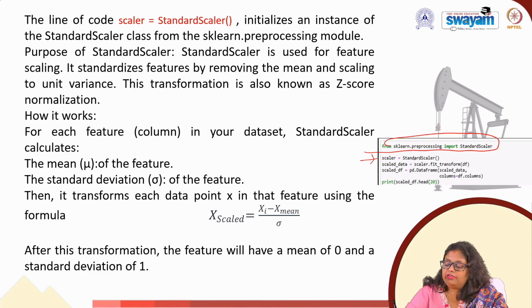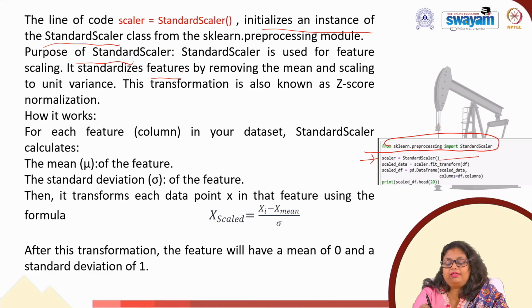The second line of the code is scaler equals StandardScaler(). It initializes an instance of the StandardScaler class. The purpose of the StandardScaler here is again feature scaling.